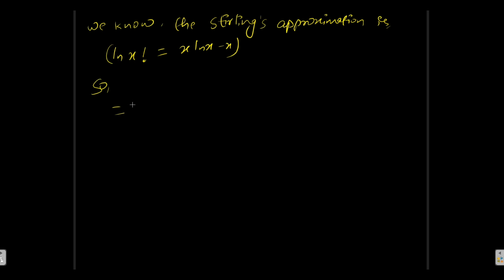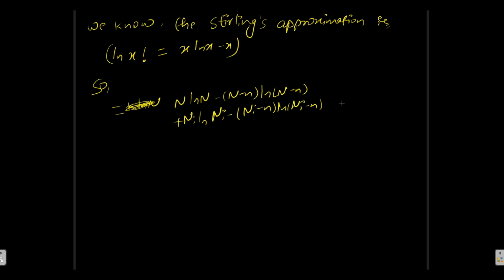So what do we get? This one should be n, so it should be N ln N minus N, minus n ln n minus n, minus N minus n, plus N_i ln N_i minus N_i, minus n ln N_i minus n, and minus 2n ln n.